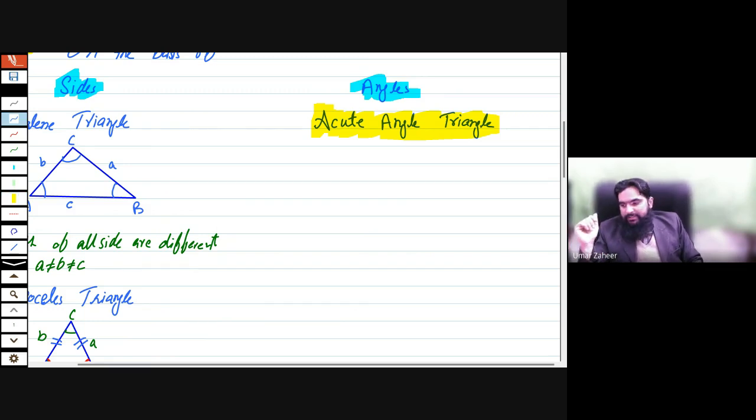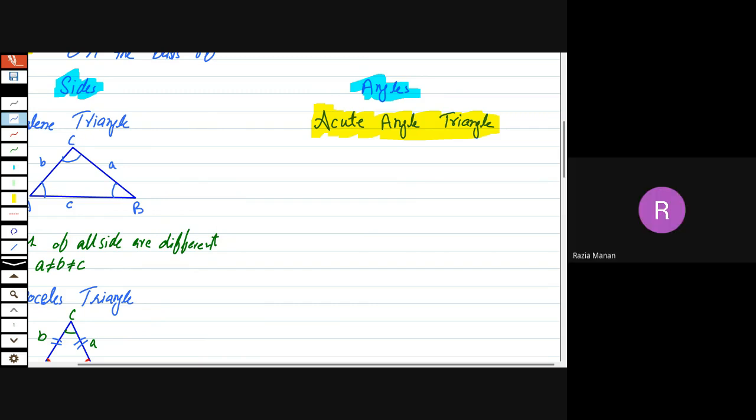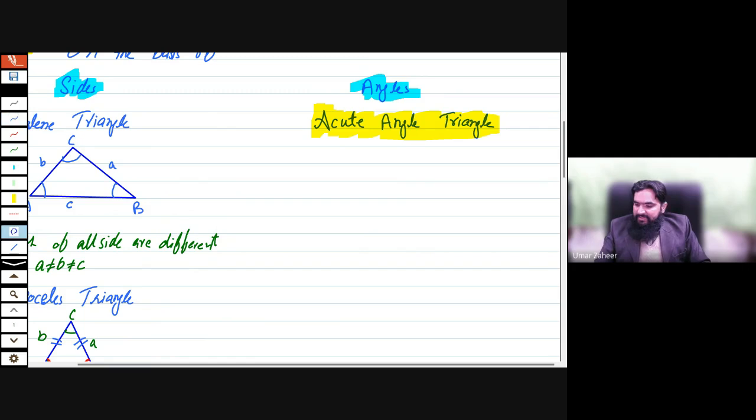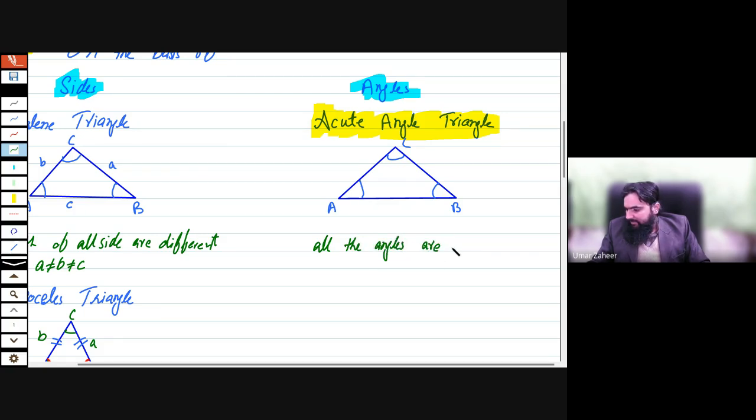Okay, now next is the acute angle triangle. Yes, Tahur, what is an acute angle triangle? Less than 90 degrees. Yes, an acute angle triangle is a triangle in which, on the basis of its angles, say it is triangle ABC with angle A, angle B, angle C, all the angles are less than 90 degrees.